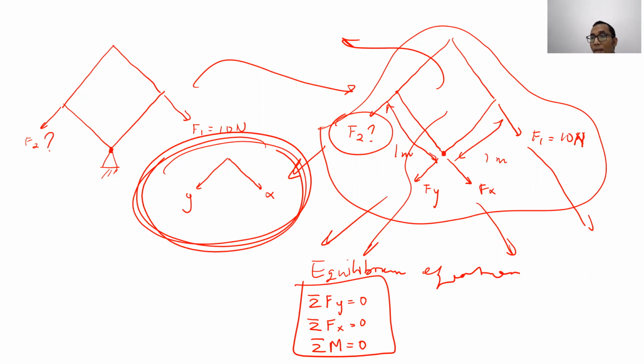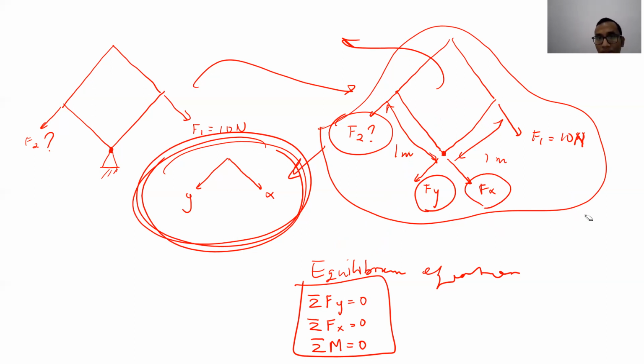Anyone here can help me to solve this particular problem? We have 3 unknowns, remember, because Fx and Fy are not yet known, the values of both. F2 as well is not yet known.